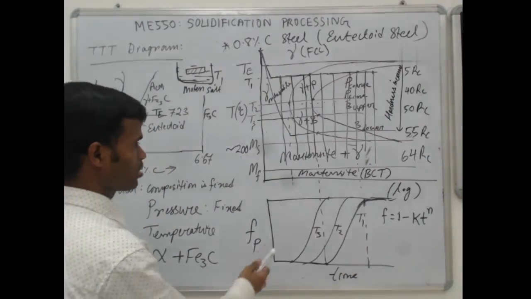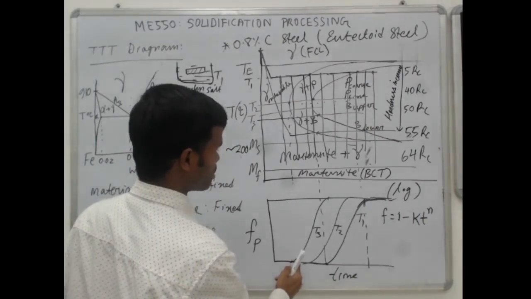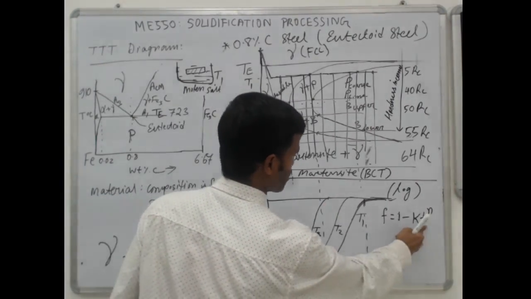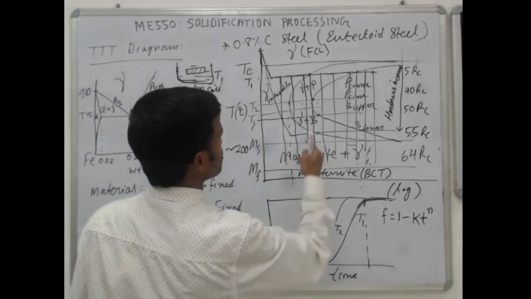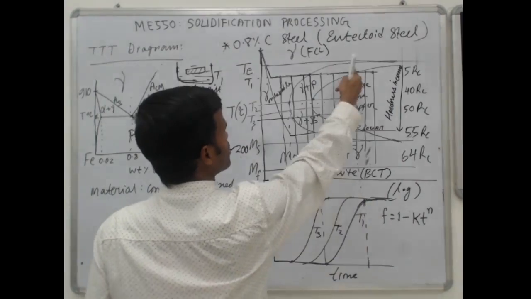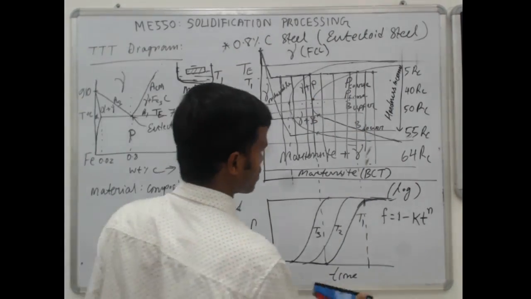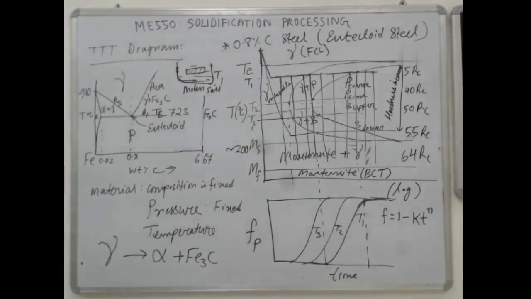So from this equation you get the volume fraction. If you know the start time from nucleation theory and you know the growth kinetics, this equation gives you the finishing time. So you can also get the start and finishing times analytically, based on the Avrami equation.